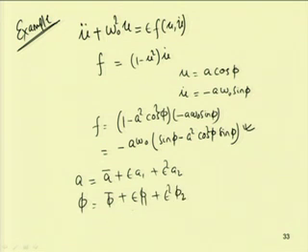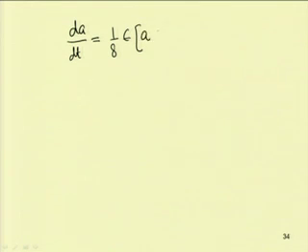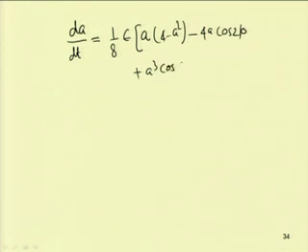So, by substituting these, we can write the equation dA by dt as 1 by 8 epsilon into a into 4 minus a square, minus 4 a cos 2 phi plus a cube cos 4 phi.